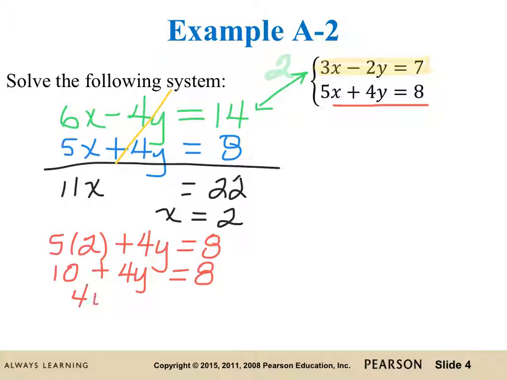Subtract 10 from both sides. 4y equals 8 minus 10, which is negative 2, which tells us that y is equal to negative 2 over 4, which is negative 1/2.